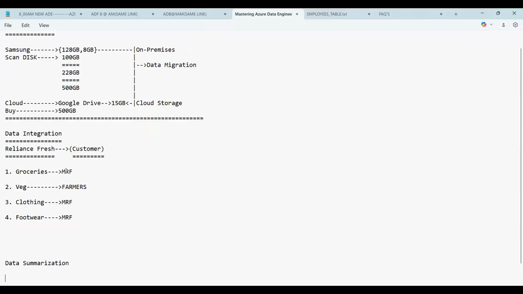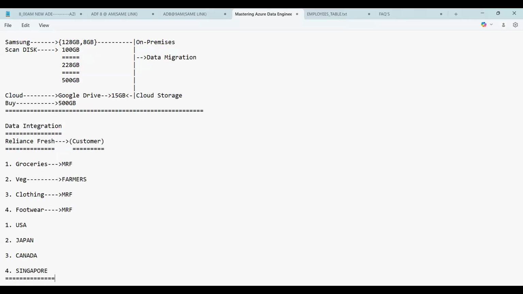If the same thing is applied, guys, on data, that means one data is available in the USA, another data is available in Japan, the next data is available in Canada, and then the next data is available in some place, Singapore, etc. So various places the data is available.